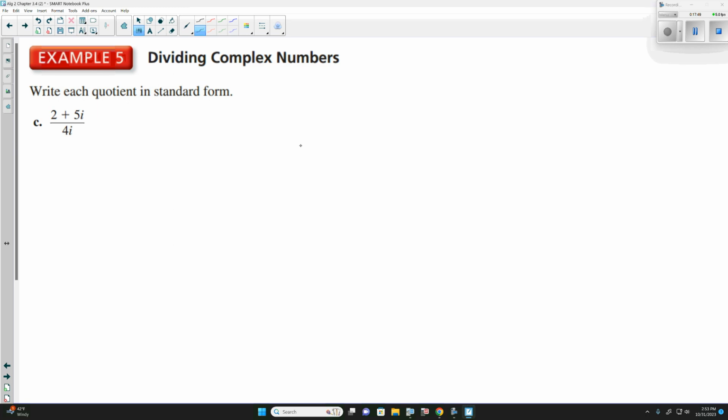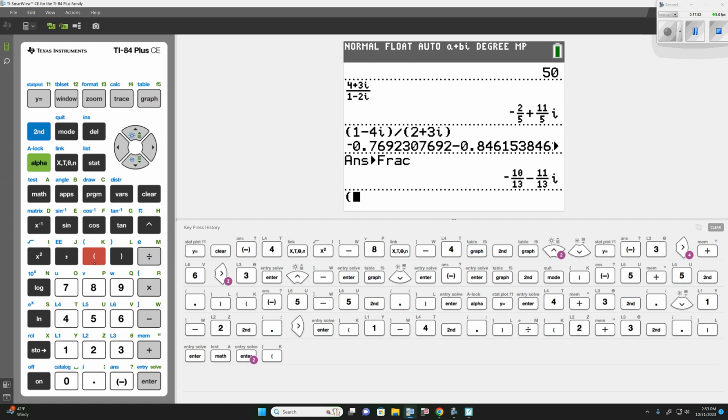2 plus 5i divided by 4i. So 2 plus 5i, divided by 4i. Now this one here might not need the parentheses around the 4i, but it's better to include them and not need them than need them and not have them.